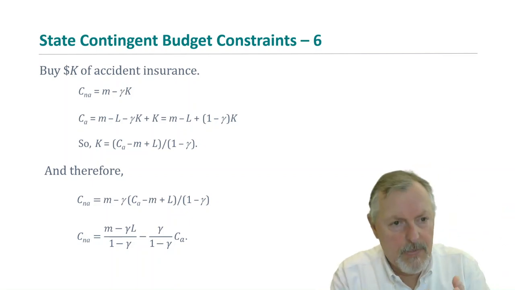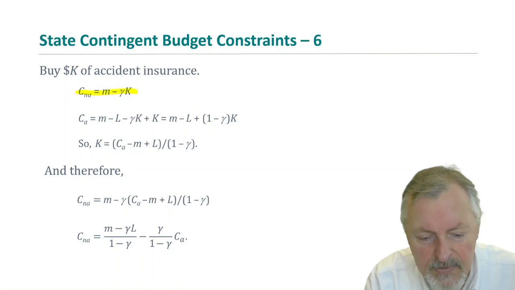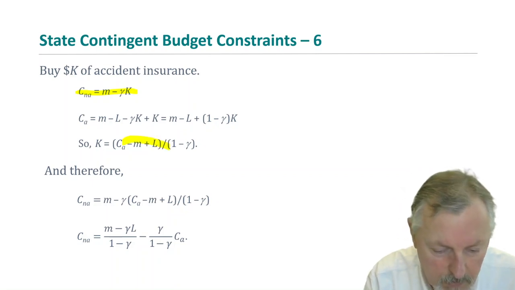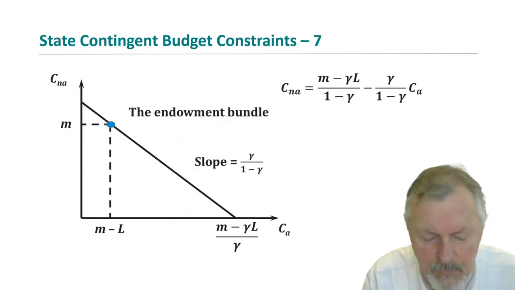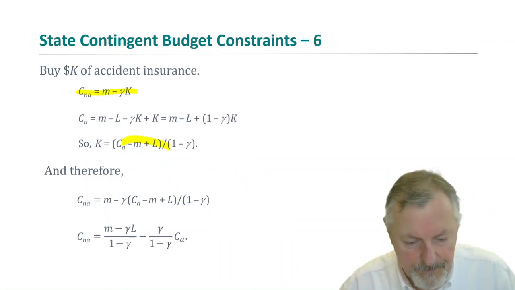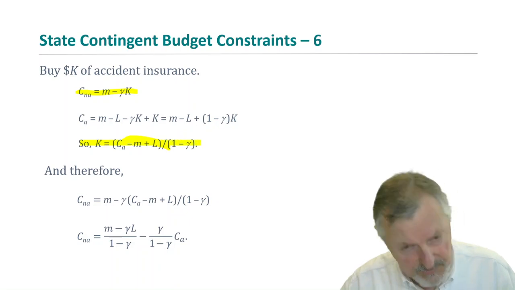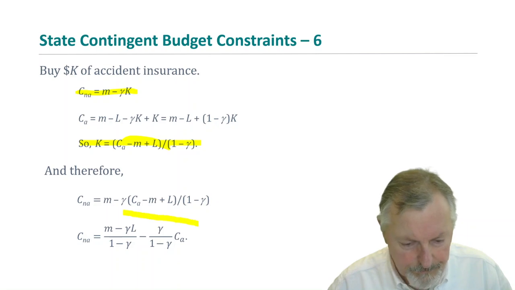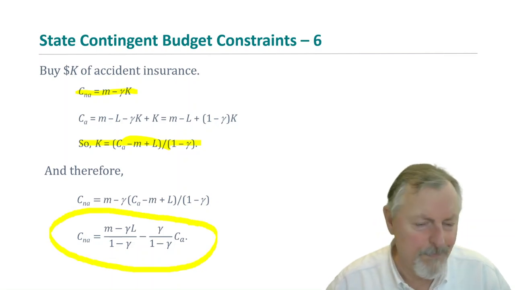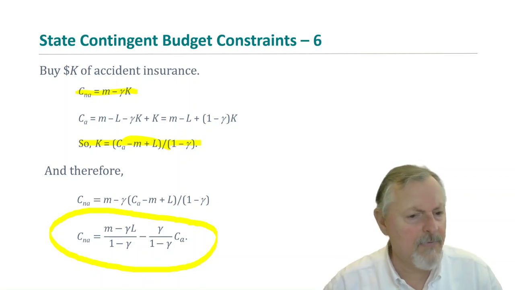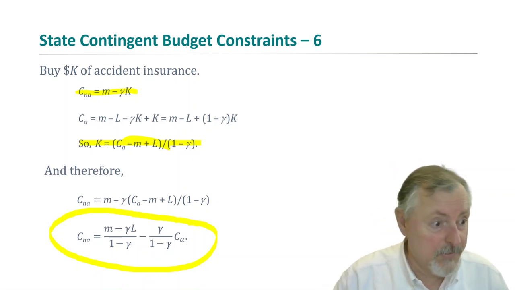You combine the state of the world with no accident and how much your consumption would be then, with the state of the world when there is an accident, where your consumption will be this. If you combine them, you get that. Now, why would you want to rearrange it into that form? This is why.